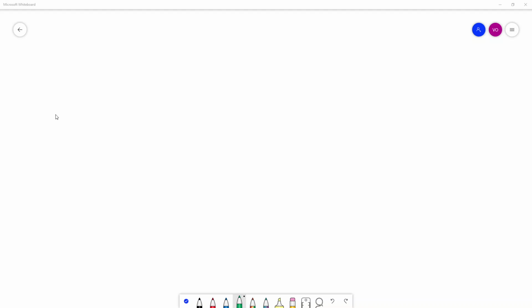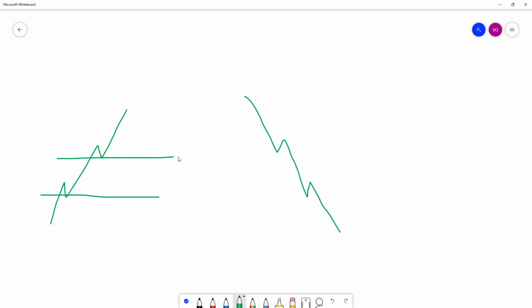It's good to identify this, right? So rally base rally and drop base drop. This and this. This is rally, of course. Then drop to base. Then rally again. Drop to base.